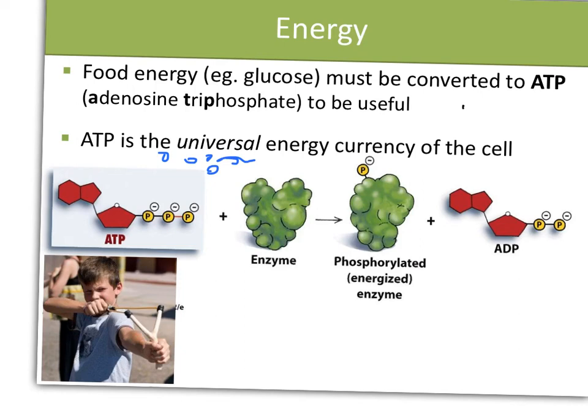Eventually, glucose is turned into ATP. Now, ADP is an intermediate product. ATP is basically the energy currency of all cells. You really can't do much of anything without ATP. You can't store ATP. When you have ATP, you have to use it immediately. That's why you store glycogen and you store fats and things like that.